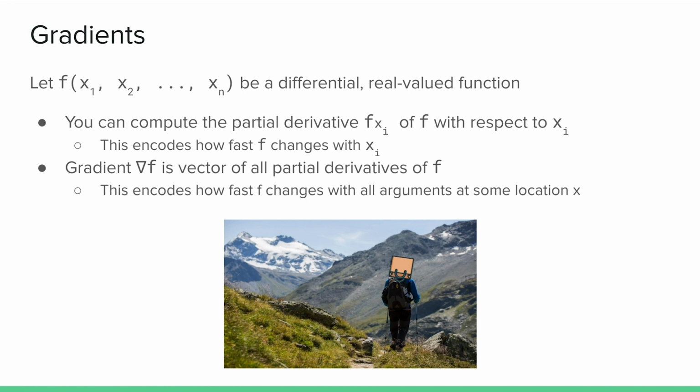And now we take the partial derivative not just of x_i, but of all our inputs, the entire x, for all of our parameters, and then we can determine how fast our loss changes with respect to every single parameter of our model.